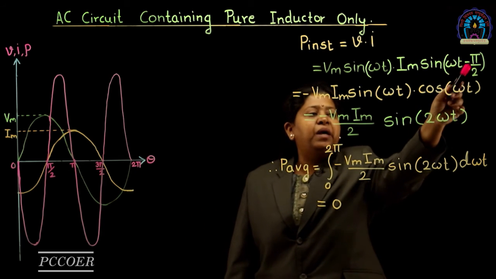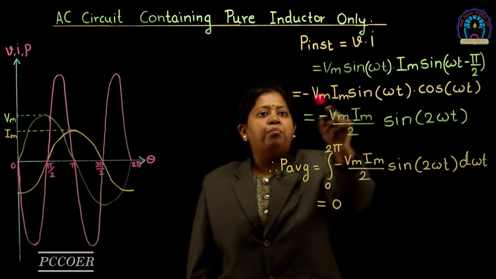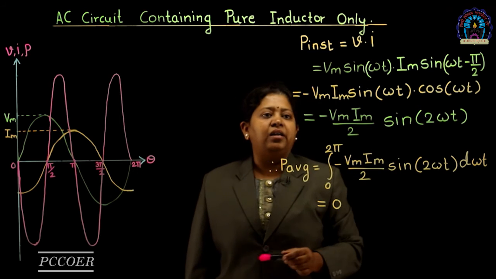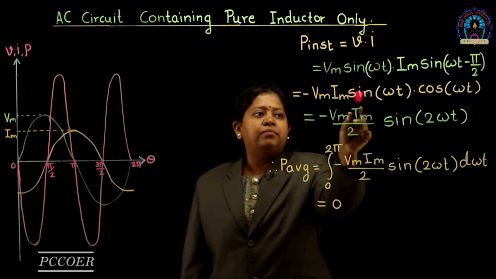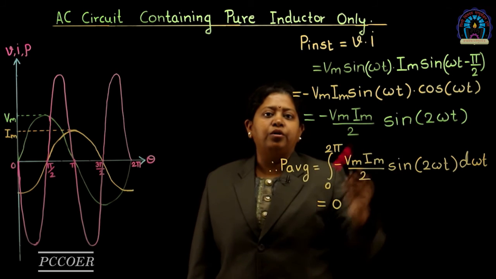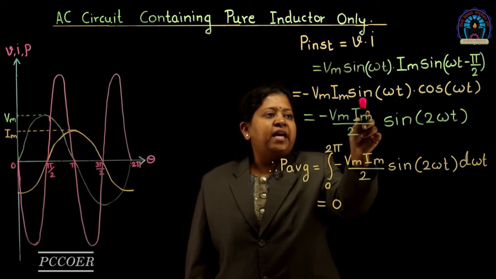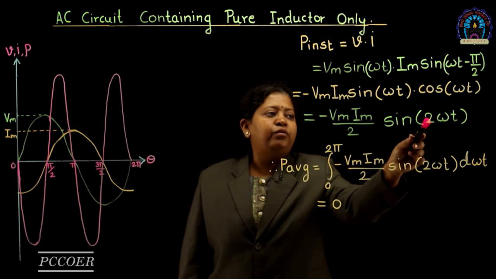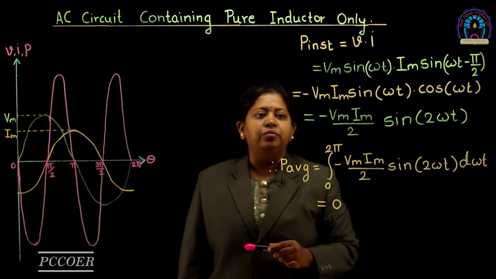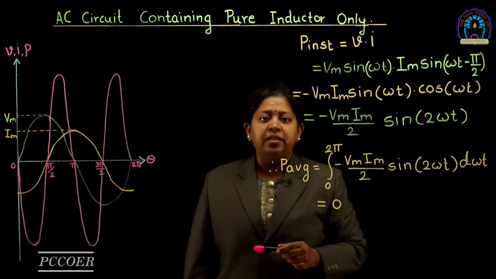Im sin omega t minus pi by 2 can be written as minus Im cos omega t. So the expression becomes minus Vm Im sin omega t into cos omega t. Sin omega t into cos omega t can be written as sin of 2 omega t upon 2. This is a double frequency term.